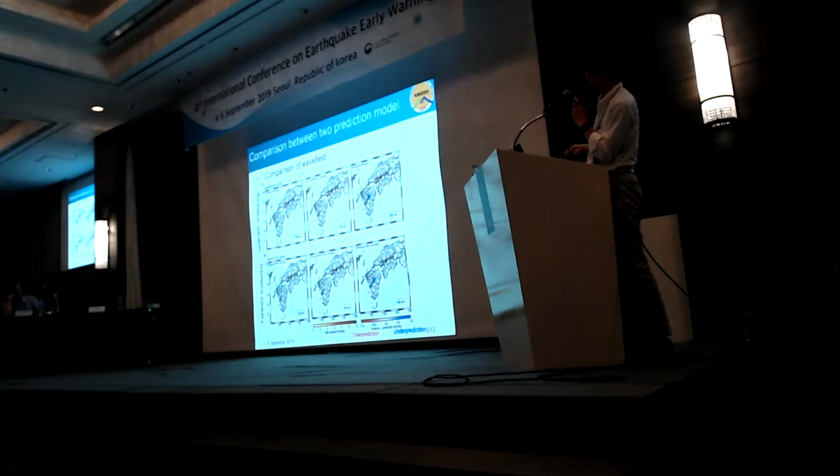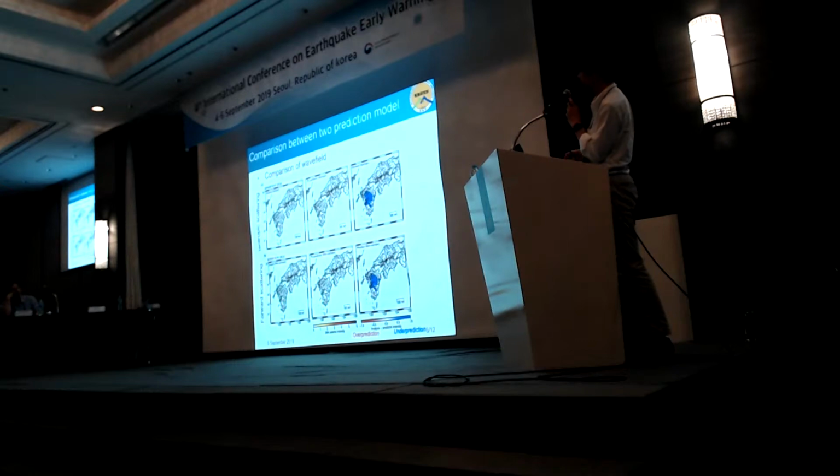And the right panel shows the residuals, which means the difference between the 10 seconds ahead prediction and the estimated current wavefield 10 seconds after. Red means over-prediction and blue means under-prediction. The upper panel is the result of the isotropic scattering model, and the lower is the forward scattering model.